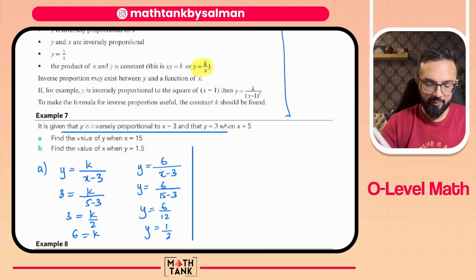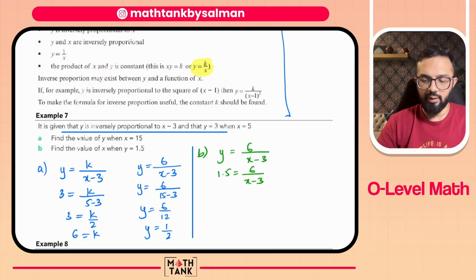Then for part B, what I will have to do is now I have to find the value of x. Okay, the easy way of doing this, in any case, I'm going to cross multiply: 1.5x minus 4.5 equals 6. 6 plus 4.5, that's 10.5.